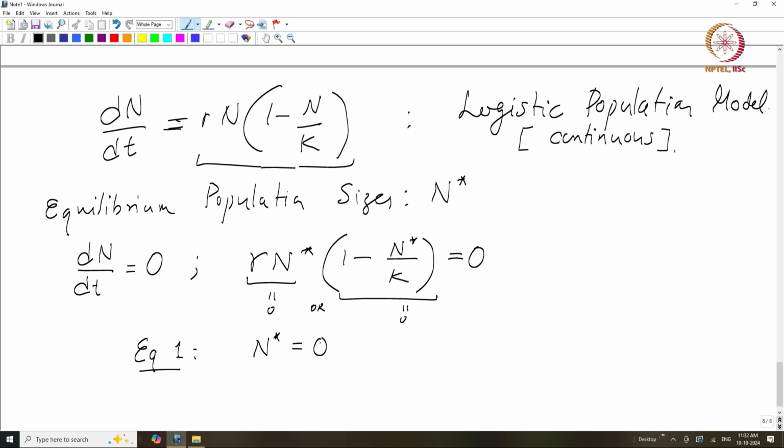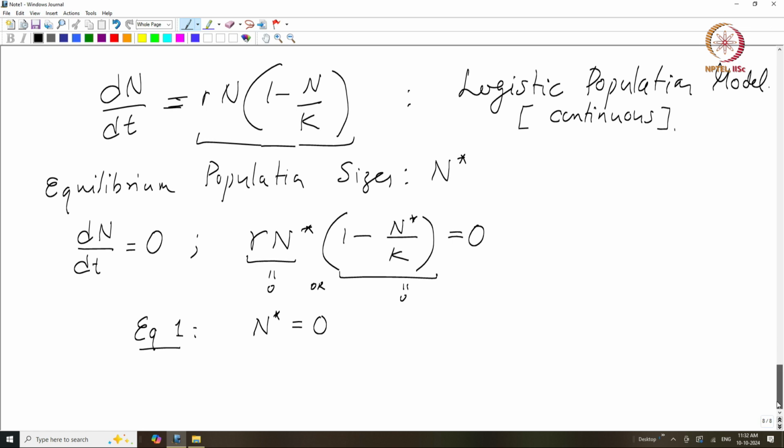Of course, r equal to 0 means the per capita growth rate is 0, and that is a really pathological case to consider, so we will not worry about that. So n star is equal to 0, and that means you are thinking of a locally extinct population, or a population that basically does not exist in that area of your interest. The second equilibrium is 1 minus n star by k equal to 0.